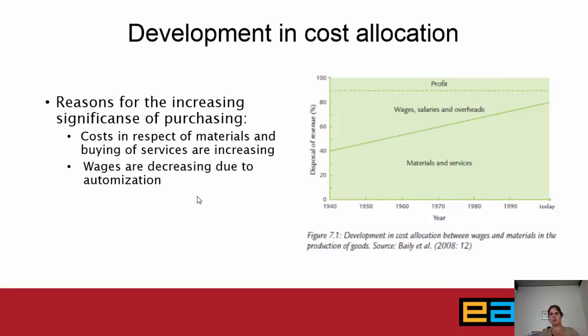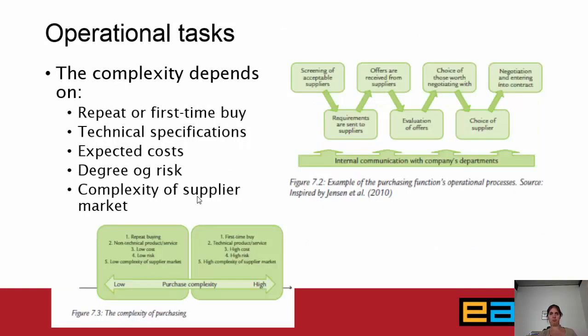This, of course, is because if we automate, meaning if we have machines doing all of the work, we can cut down costs, but materials and other products that we need to buy have become increasingly more expensive. So what are the tasks that we need to do in purchasing?